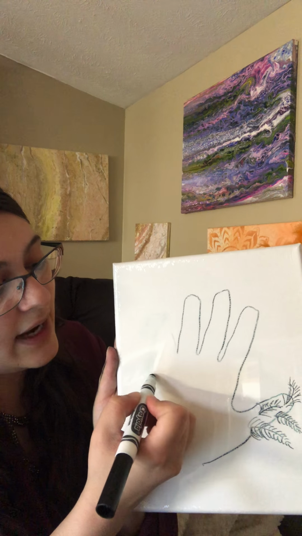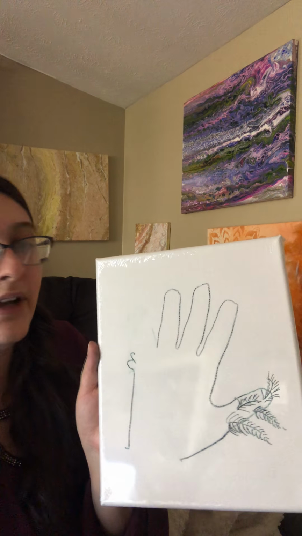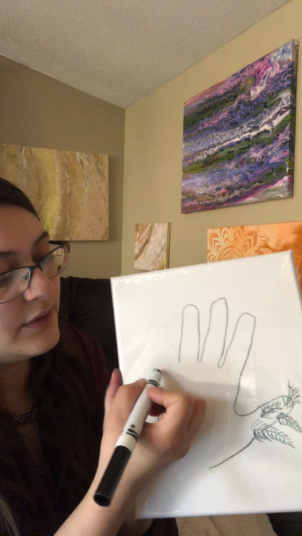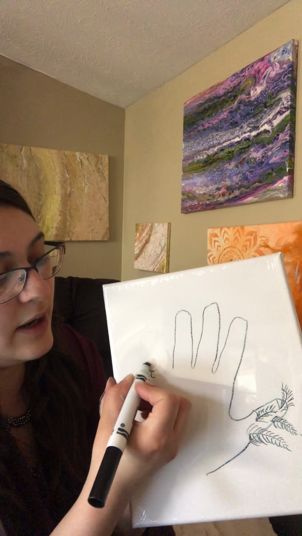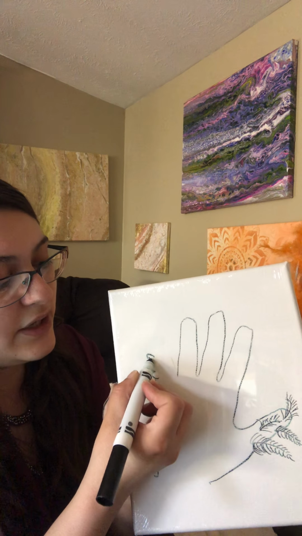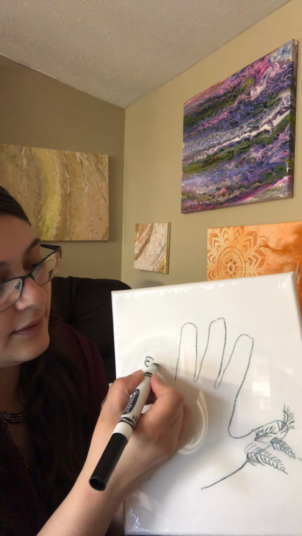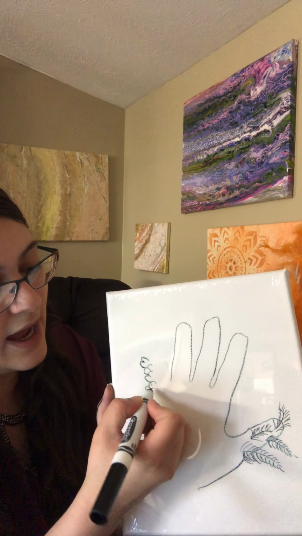I'm gonna create this texture by looking at it. You can see it's bumpy and soft. So I'm gonna recreate those bumps by using a repeating pattern, and I'm gonna overlap them.